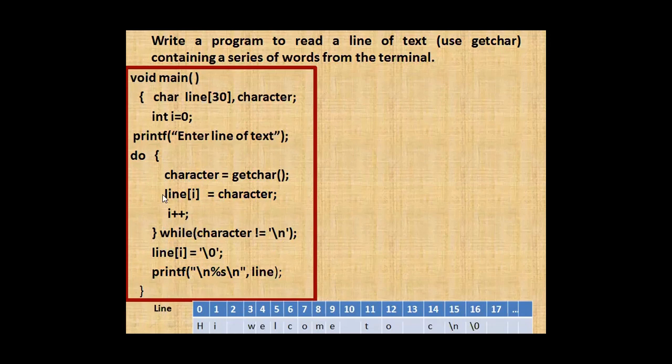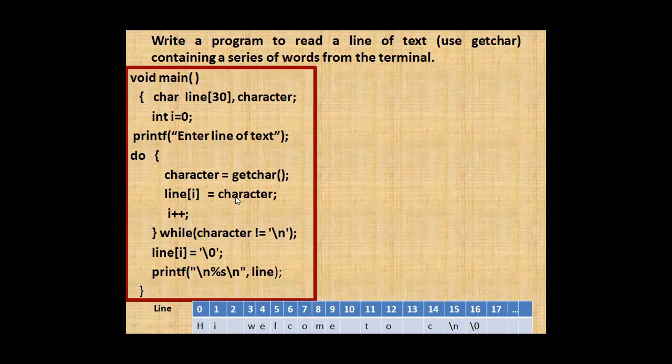We increment i for this purpose: I said 30 characters, so 30 blank slots will be reserved, but to fill the values in the proper location we use this i. First you fill line of 0, second line of 1, line of 2, line of 3, and keep on putting like this. The i value will tell you where to place each character.